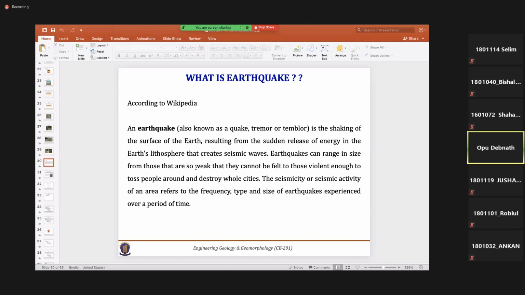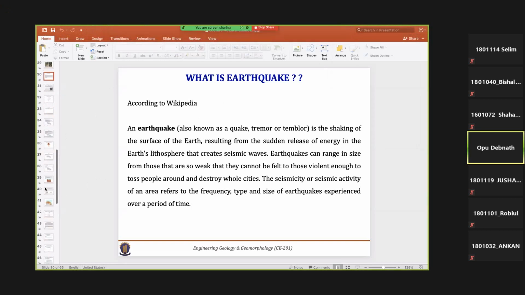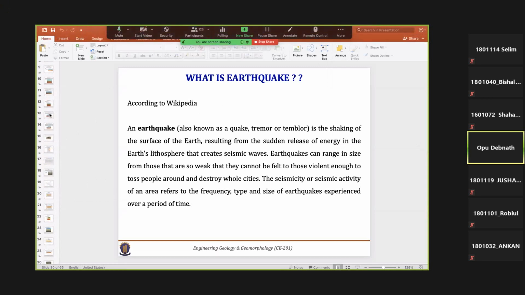This is the basic of seismology, and then we'll discuss the earthquake: what is an earthquake, the propagation of earthquakes, different types of earthquakes, etc. Hopefully a few other classes may be required.